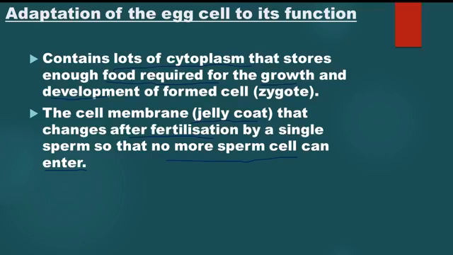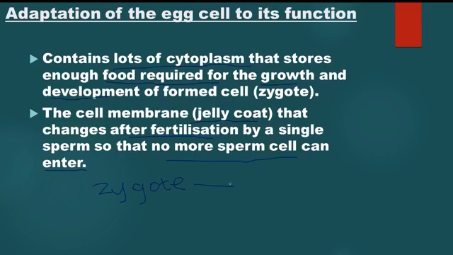Now, to summarize, even though we'll be looking at them in the coming videos, what I want us to agree on is that once fertilization has taken place, you have the zygote. Many students don't get this clearly. The zygote is the cell that you get after fertilization.